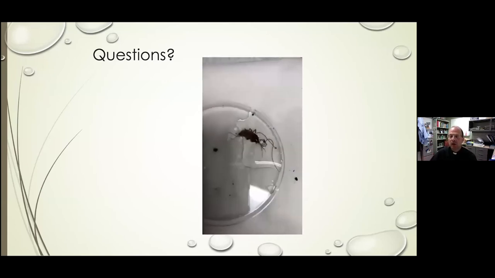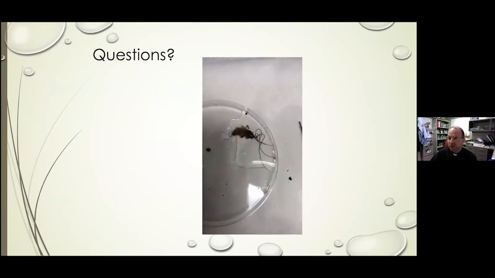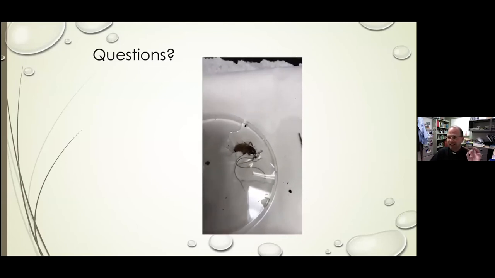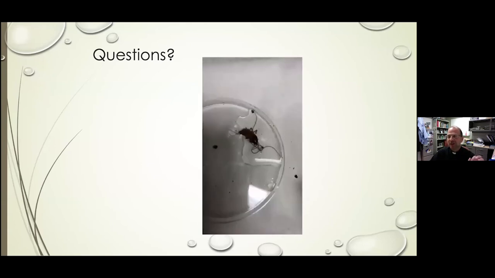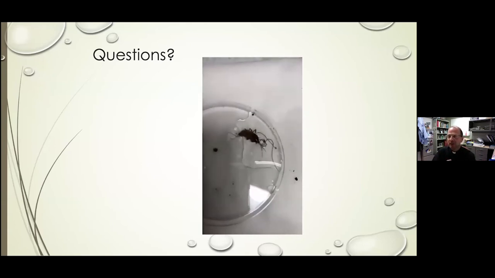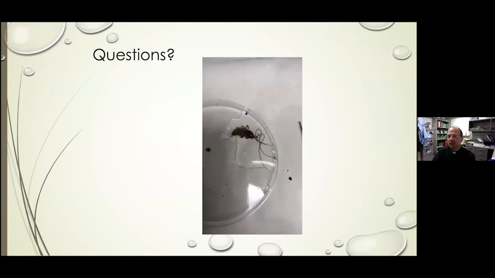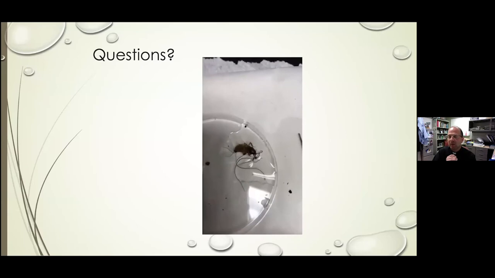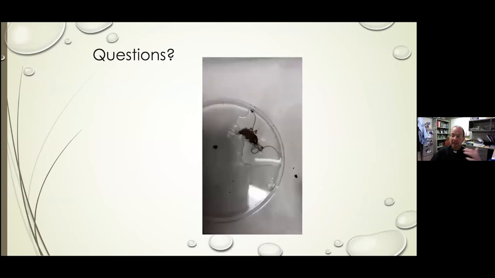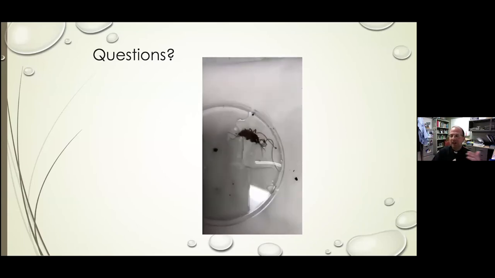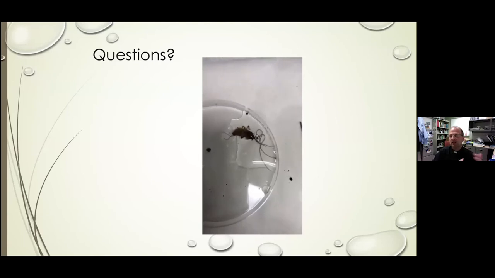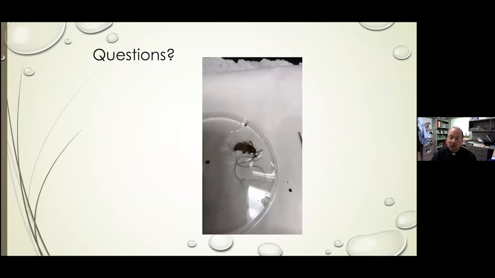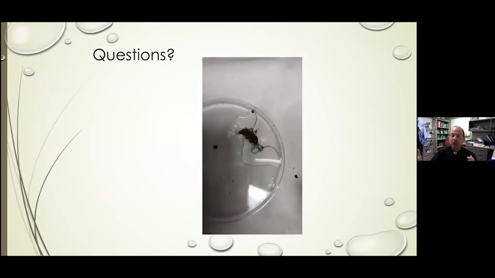What's nice about the trematode system is that you can just collect the snail and find the larval stages of the trematodes. If you find a diverse assemblage of those larval stages, that should indicate a healthy functioning ecosystem. It indicates that the water's clean enough for the larval parasite to swim in, and it also indicates that the hosts are there and doing what they're supposed to do.